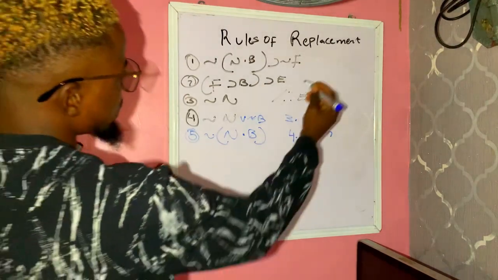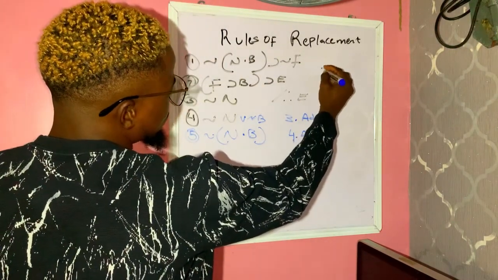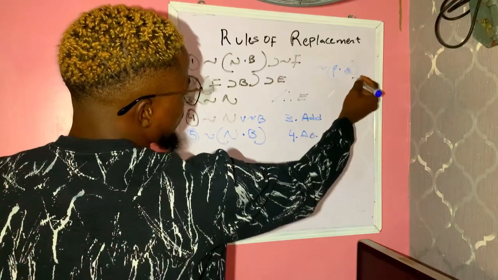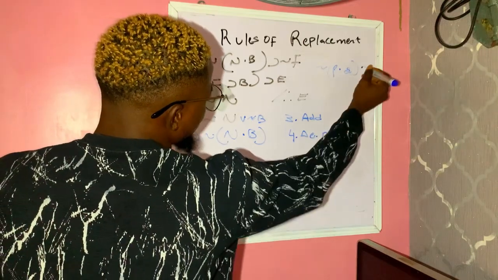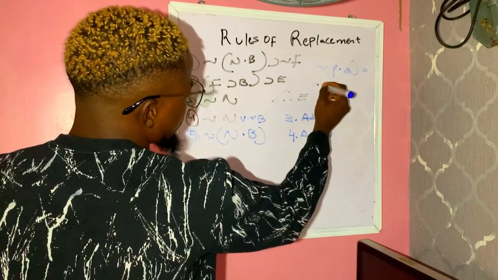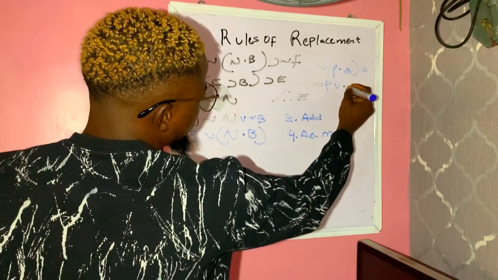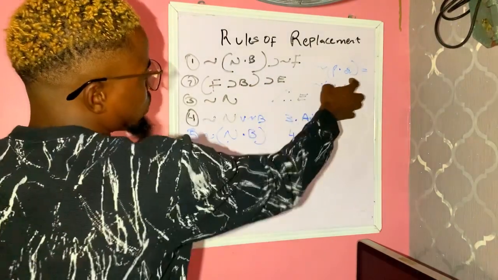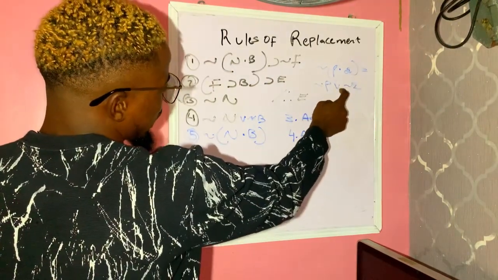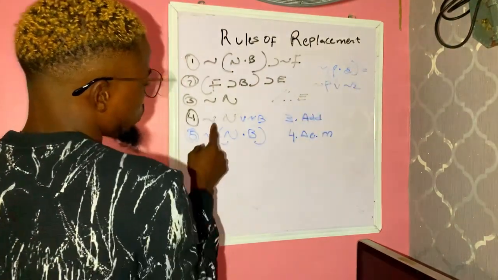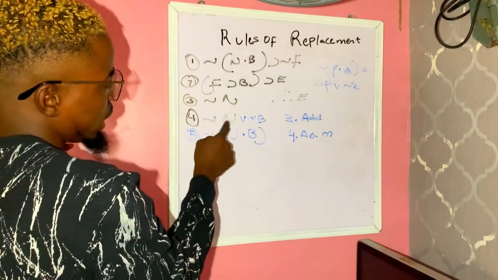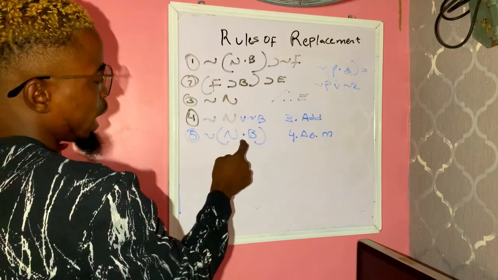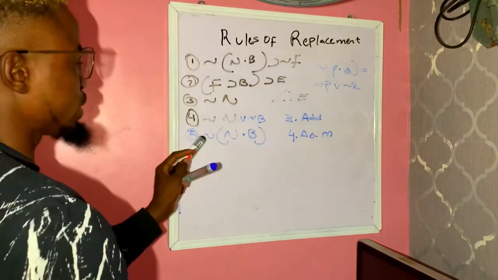Don't forget that De Morgan's theorem tells us that negation open bracket P and Q can be replaced with negation P or negation Q, and the way you can replace this one with that one is also the same way you can replace that one with this one. So what I did here is that I already have negation N or negation B, so I replaced it with negation of N and B in parentheses.